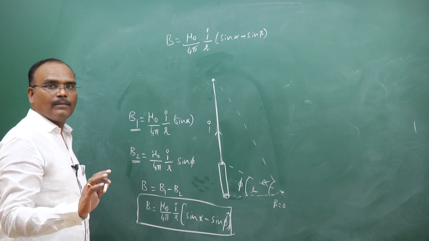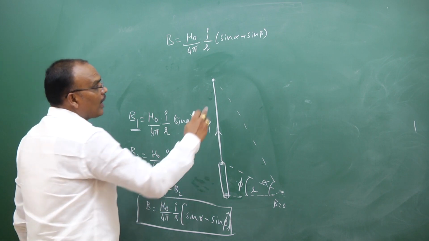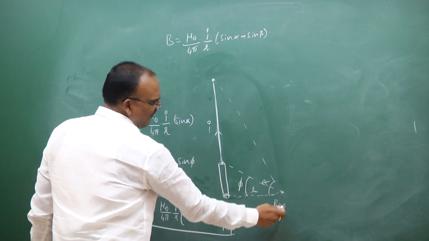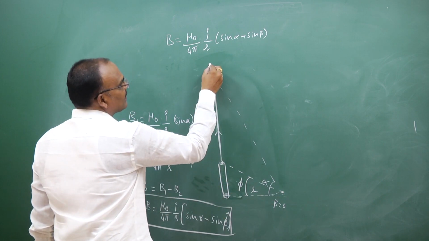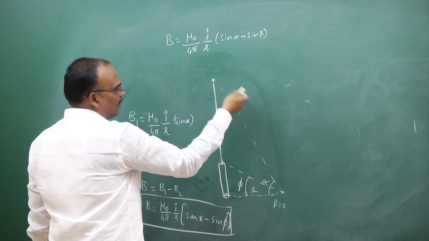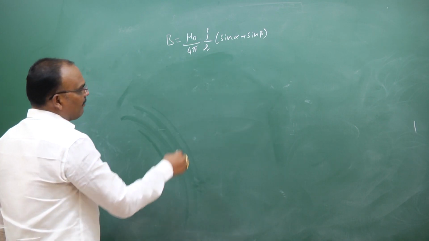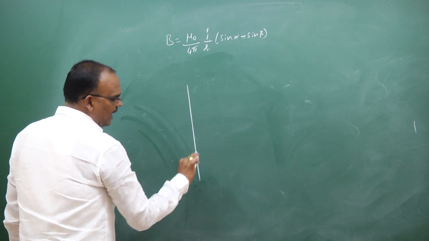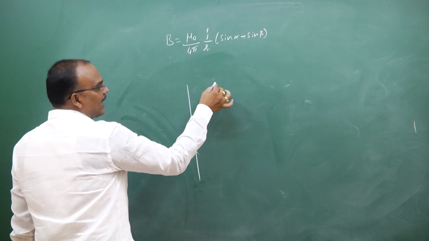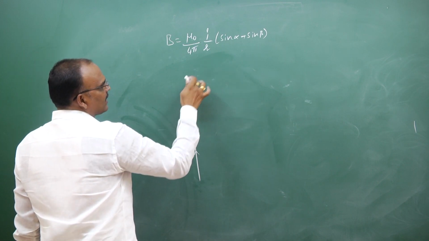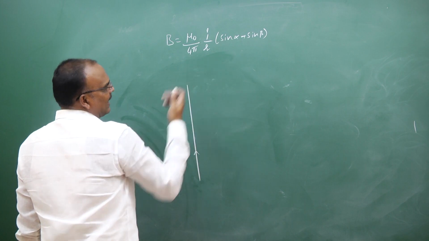That means we are able to calculate at every point, everywhere, except one, which we will do in the next application. Whenever we have a current carrying conductor, I am able to calculate the magnetic field here. Because it is insufficient, I will extend it and calculate.